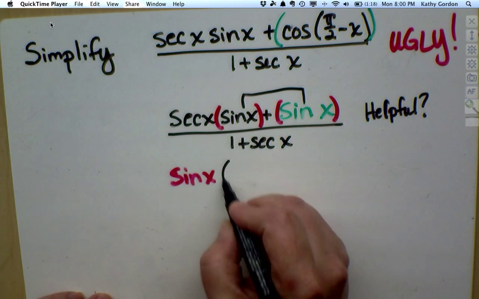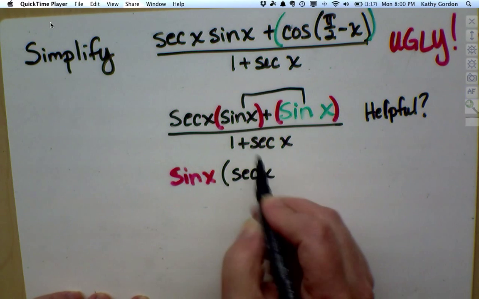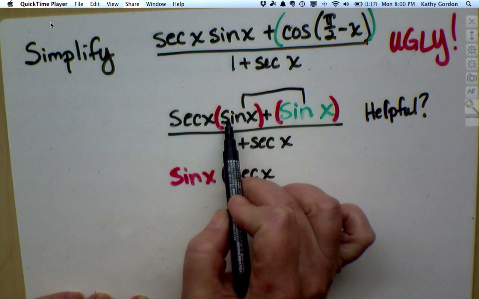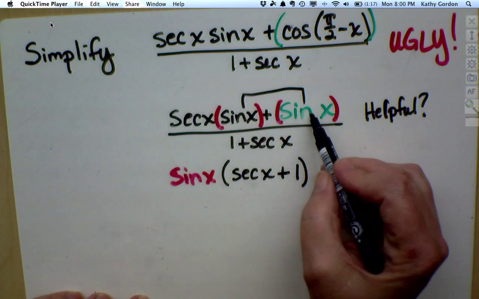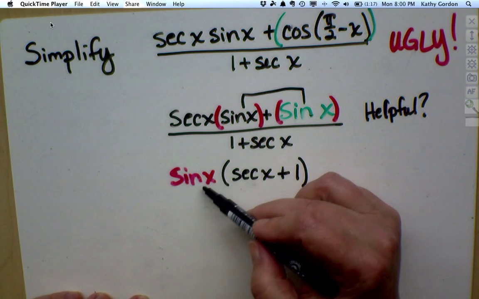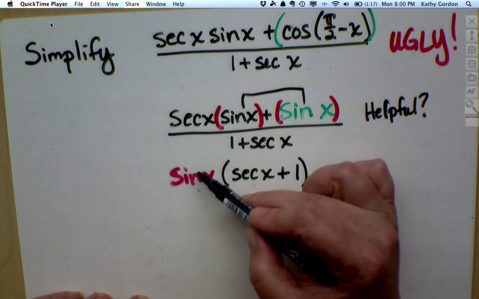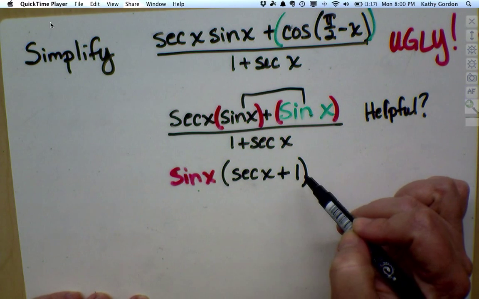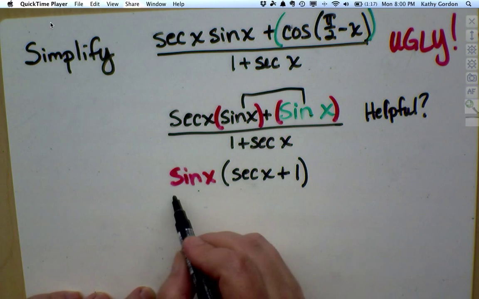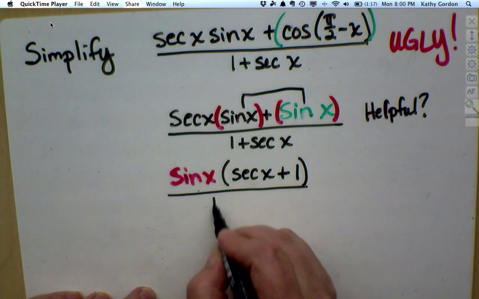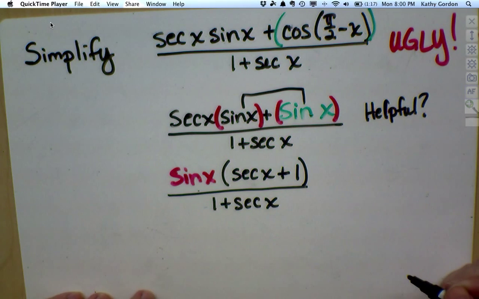And that means I'm going to have left in the parentheses a secant x from my first term plus a 1 from my second term. Because remember, when I factor out, I'm dividing out. So sine x divided by sine x is going to give me 1. Now again, that only affected the numerator, so I still have in my denominator 1 plus secant x.